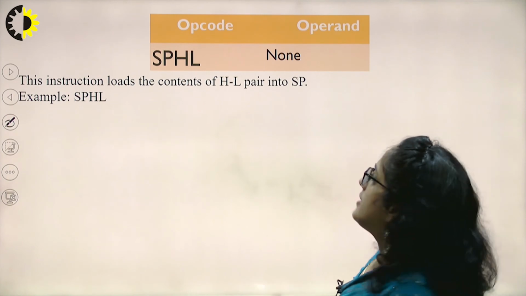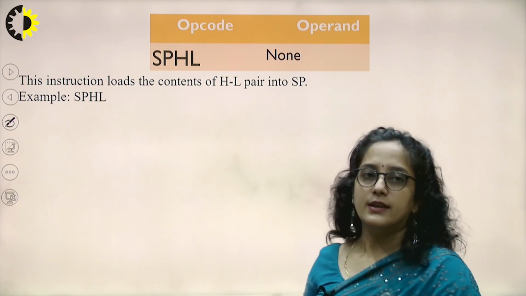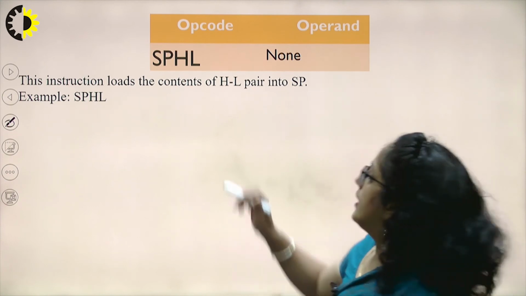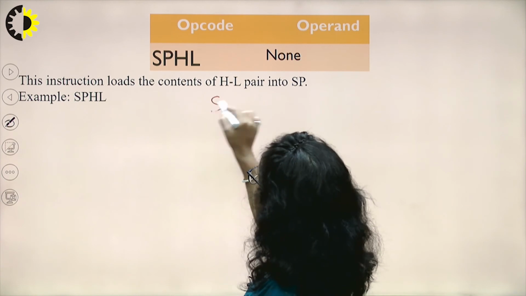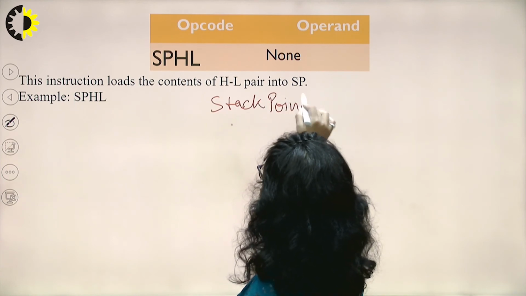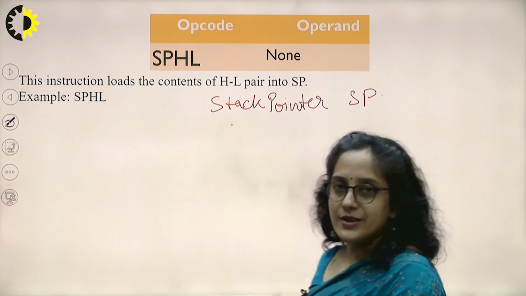Next instruction is SPHL. This instruction loads the content of the HL pair into SP. What is SP? SP is the stack pointer. The stack pointer always points to the top of the stack. And what is the stack?